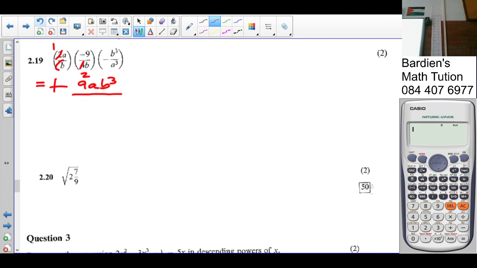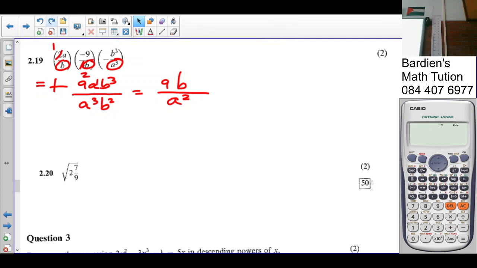Over b times a cubed b squared. Okay. Numbers is sorted, so it's going to be positive 9. Where's the more a's? Bottom. I put it at the bottom. 3 minus 1. 2. Where's the more b's? Top. So it's going to be b. 3 minus 2 is 1. There I go. Okay. You all understand?